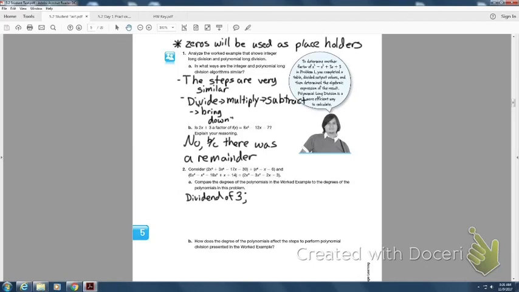The divisor has a degree of what? Degree of 2. And let's think about our exponent rules. If I just do x cubed divided by x squared, what's that going to give me? If I divide like bases, what do I do with the exponents?